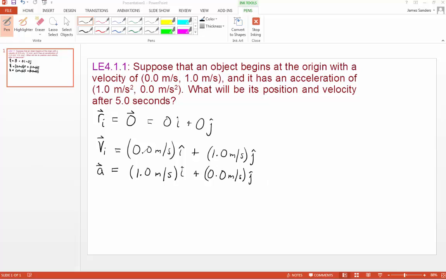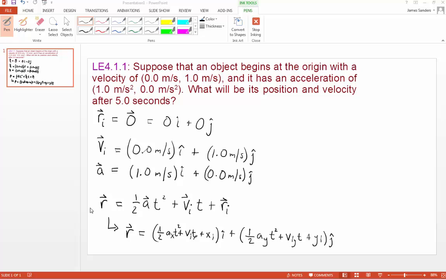Our next step then is to actually combine these things to figure out what the position will be. So basically the position is 1/2 a t squared plus v initial t plus r initial. And so you can break that up into the x part and into the y part.